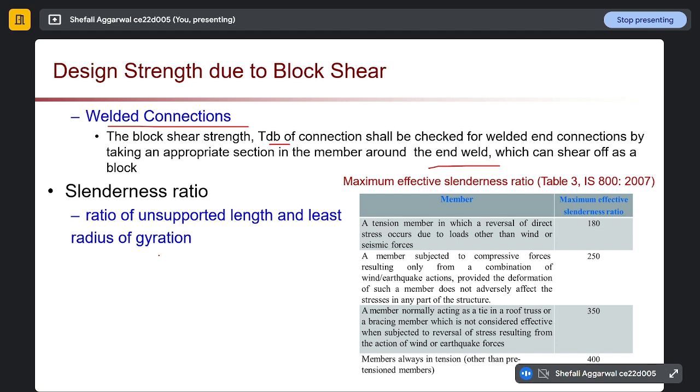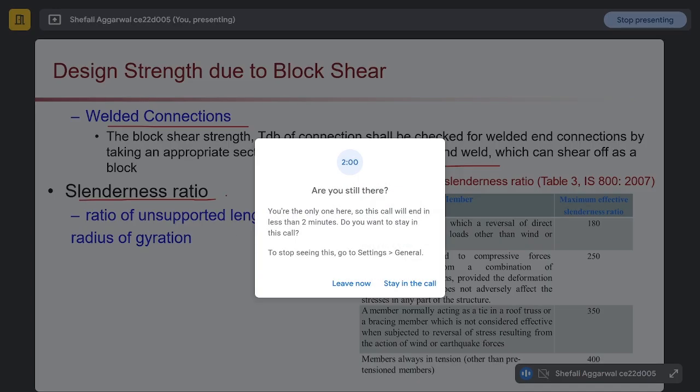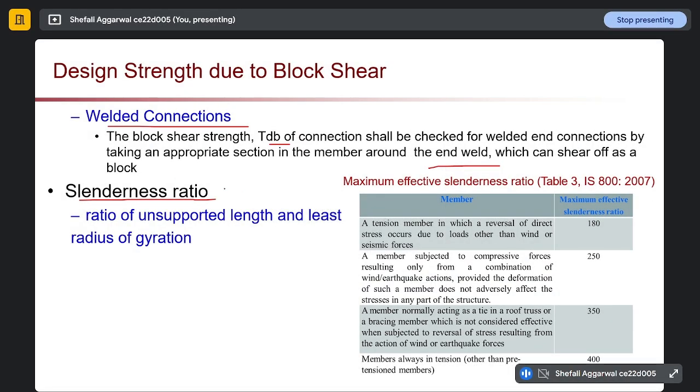Next thing is, in case of tension member, what should be the slenderness ratio? So slenderness ratio will be given by L upon R, right? The ratio of unsupported length and least radius of gyration.